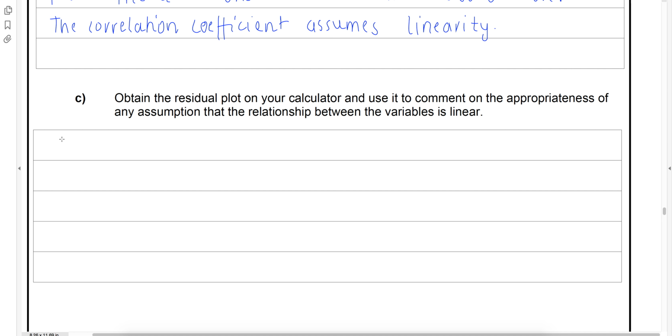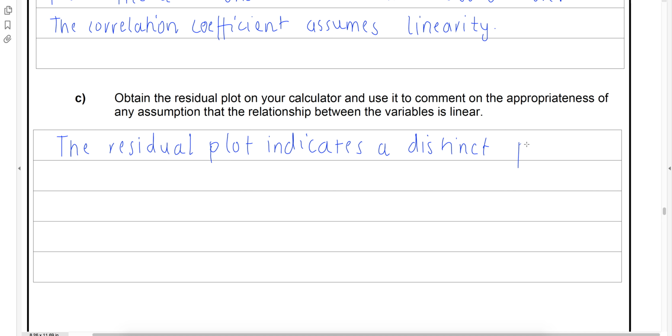So I'll say the residual plot indicates a distinct pattern, suggesting that a nonlinear model could be more appropriate.